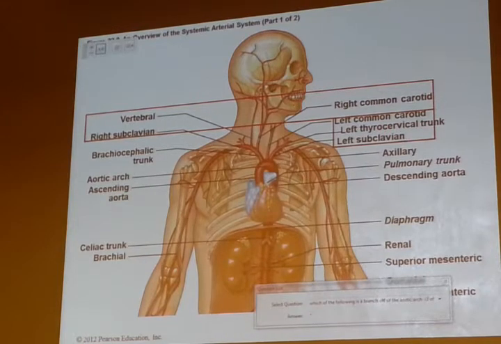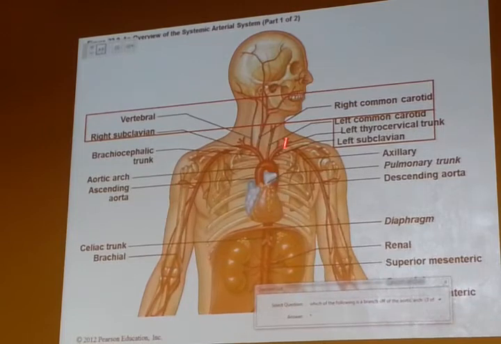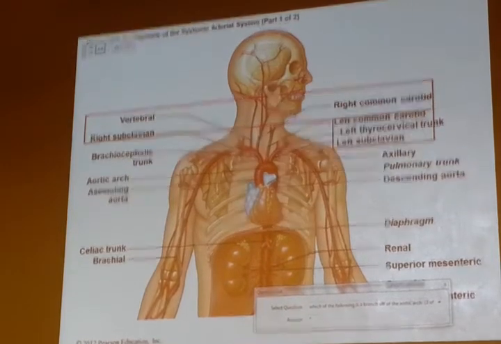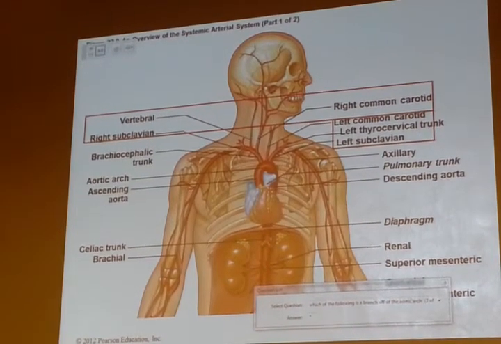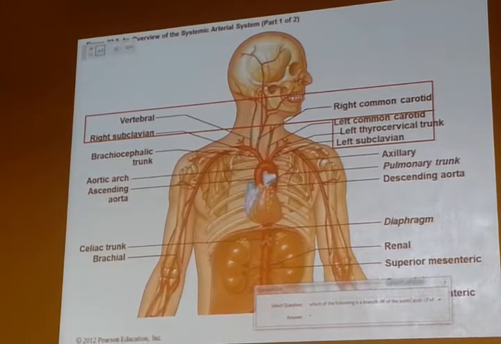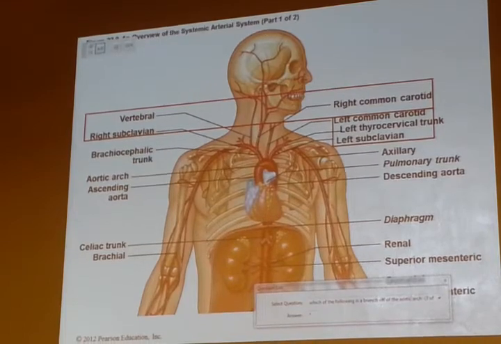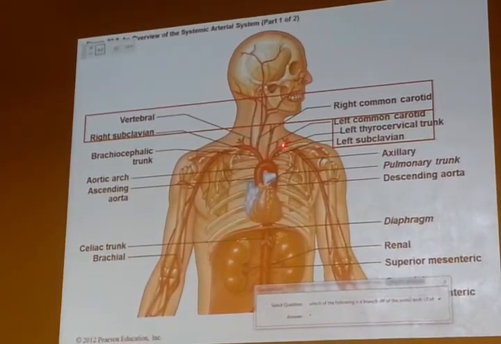It's going to take blood to your spinal cord. A lot of blood vessels will take blood to your spinal cord because your spinal cord goes down to L2, L3, and then the cauda equina from there on. But the thyrocervical trunk is one of the first that gets blood to the spinal cord in the cervical area. Got a right one, got a left one.